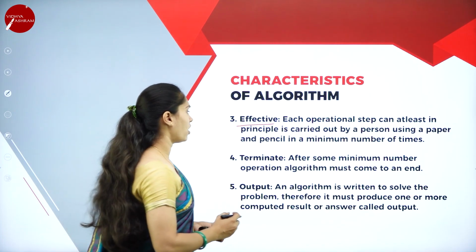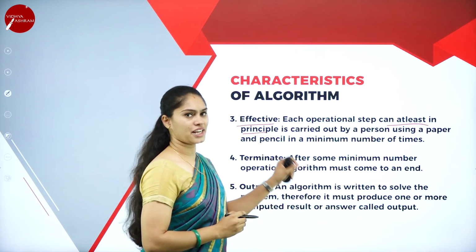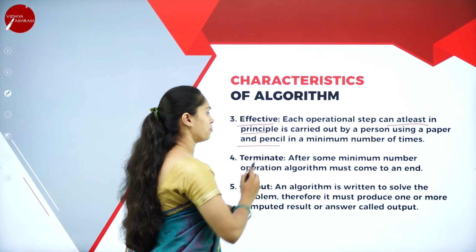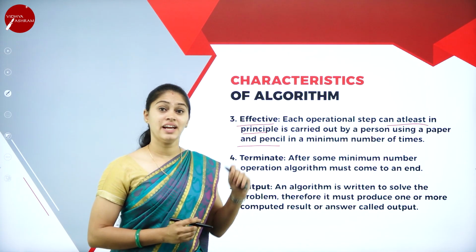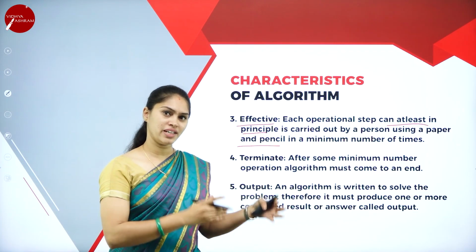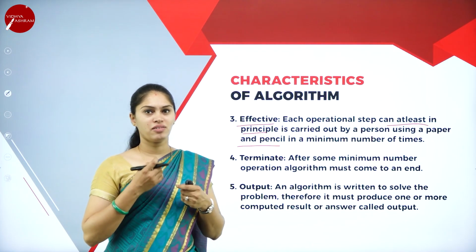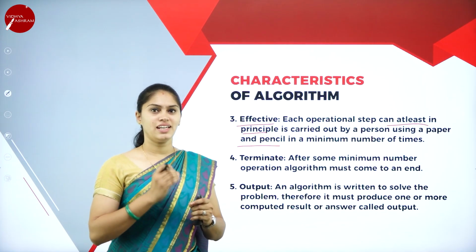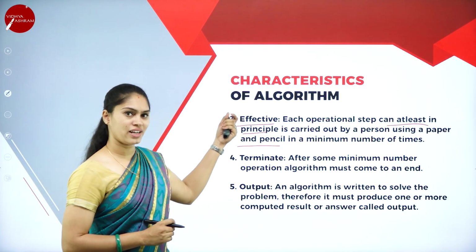So at least in principle, it must be carried out by a person with paper and pencil in a minimum number of times. As I said, it must be trial and error. If the written algorithm is fine for our problem solution, then we can take it. Otherwise, it must be very effective and it must lead to an exact solution or result. That is the third one, effective.